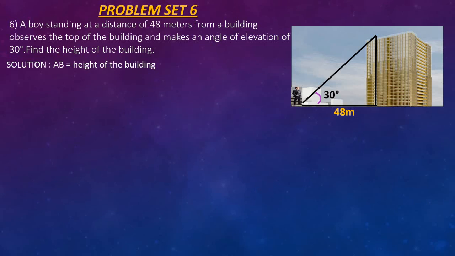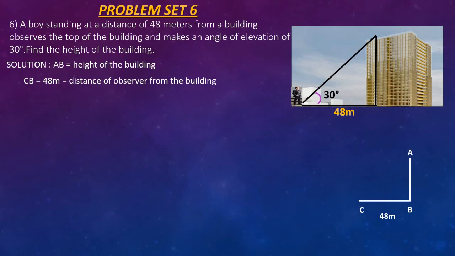First of all, let us formulate this problem in the form of a diagram. AB is the height of the building. CB or BC is equal to 48 meters, which is the distance of the observer from the building.